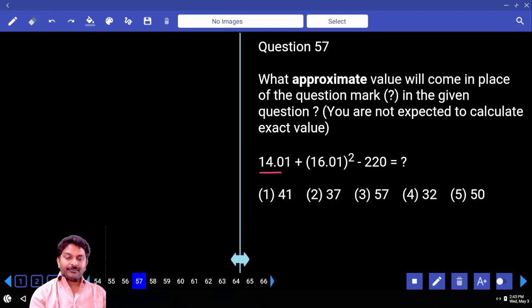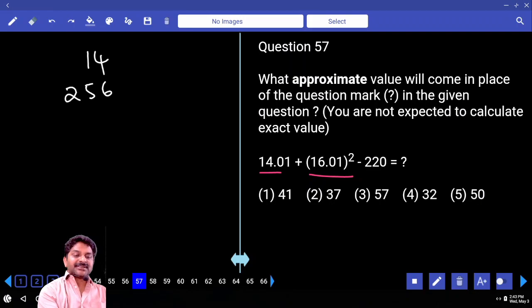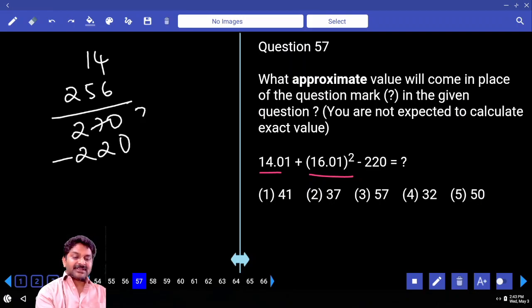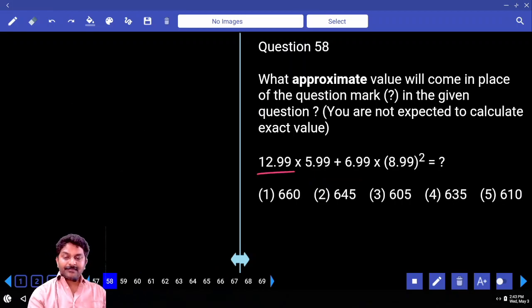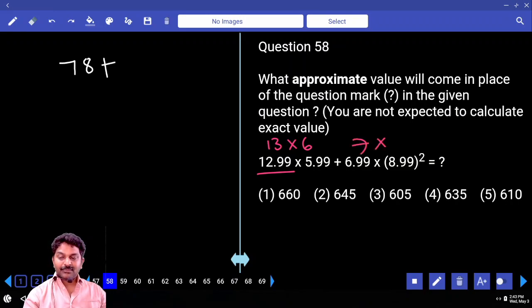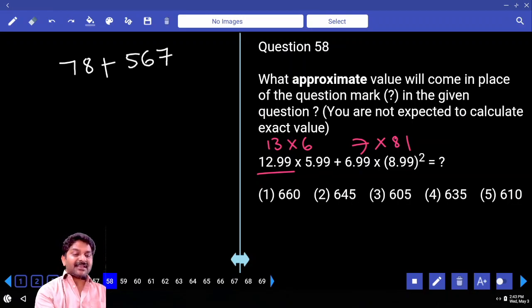Approximations, 14, 16 square. So far sum is minus answer. Approximation into so far plus 7 into 80. 780 times 560. 1 into 7, 7. 500, 60, 70, 130.